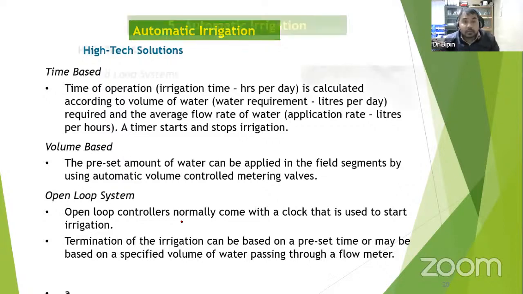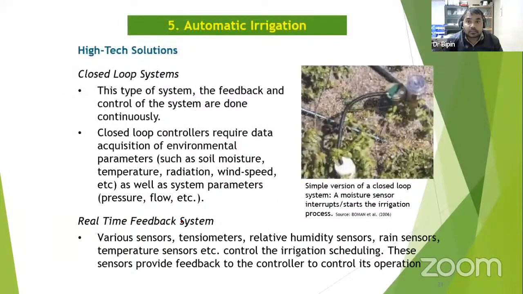Here you can see the automatic irrigation system will have some sensors installed in your field, and that sensor will give a message to your operating system, and that operating system will decide how much quantity of water your field needs. Accordingly that water will be released from your pipes, and that will go to the field.